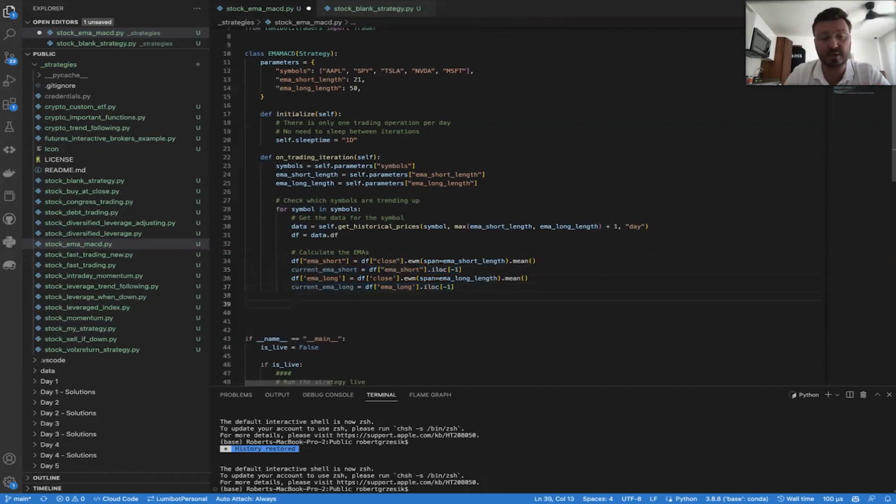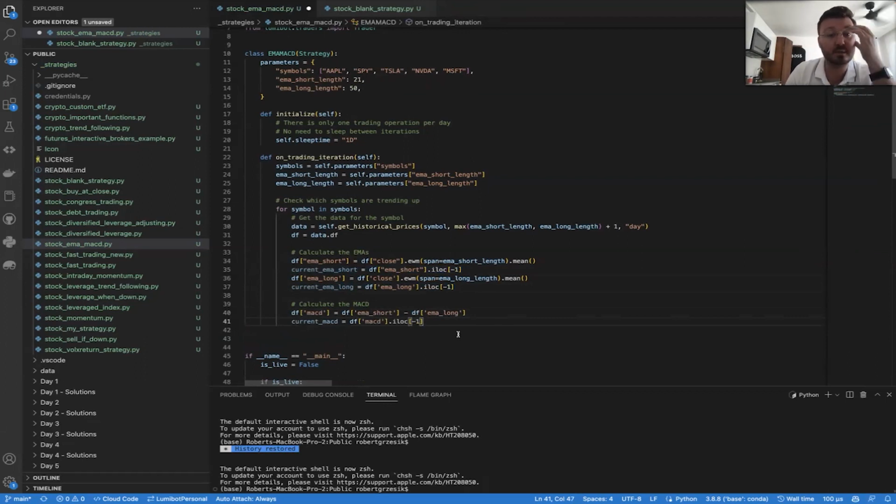And now we also want to calculate the MACD, and let's let this thing figure it out. That is not correct.